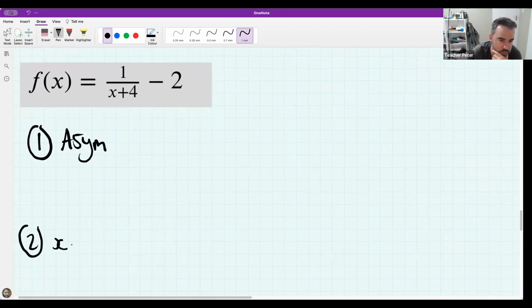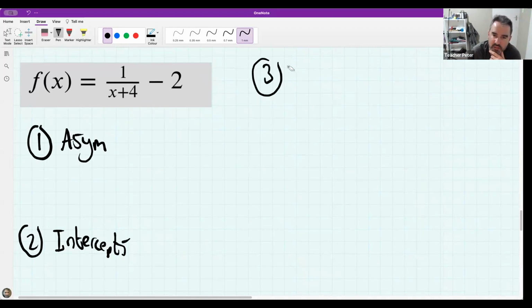Step 2, not x, it's just intercepts. And then step 3 is to sketch. I will watch the chat and give feedback based on what I see in the chat, but I want you guys to try and sketch this hyperbola f all by itself. Go for it.